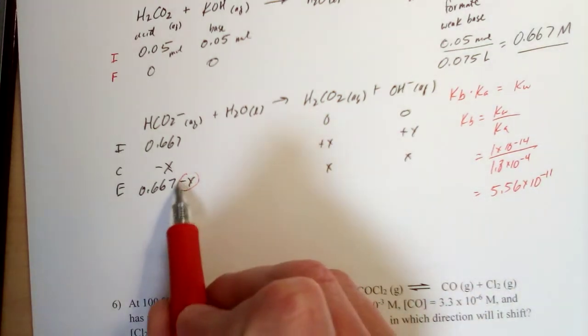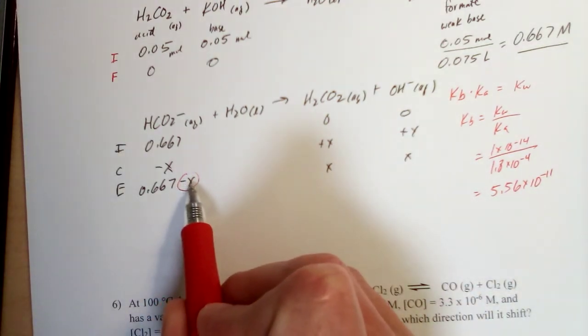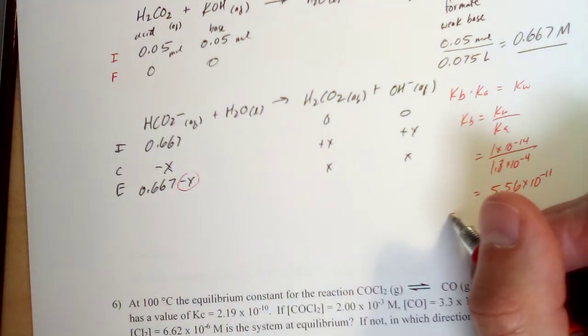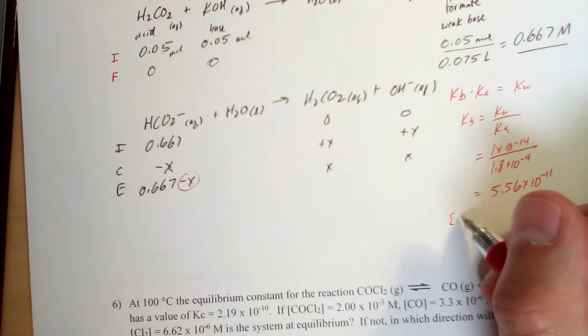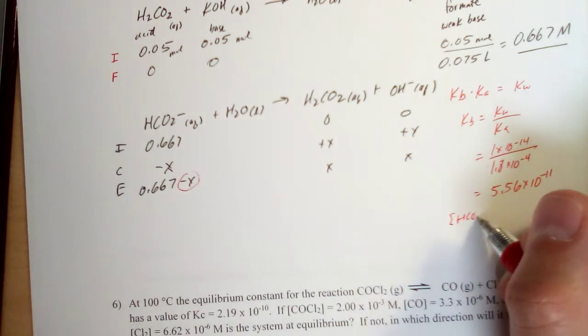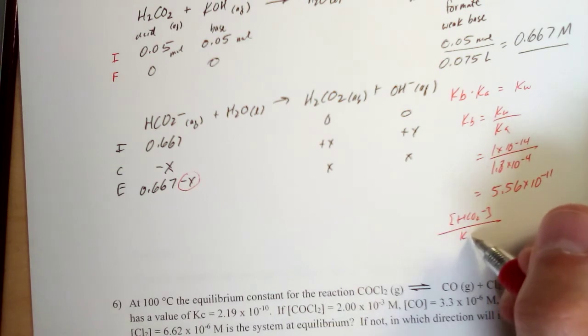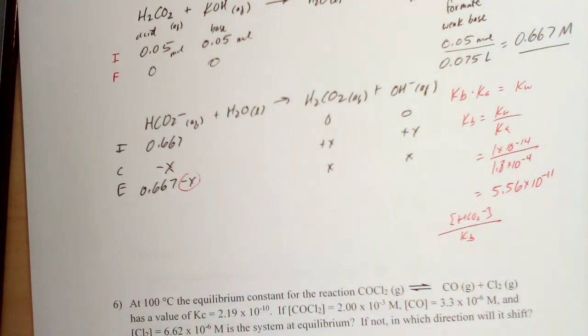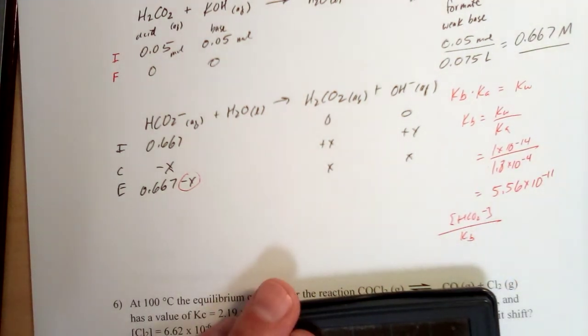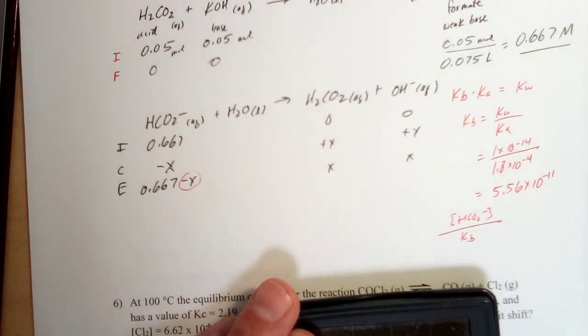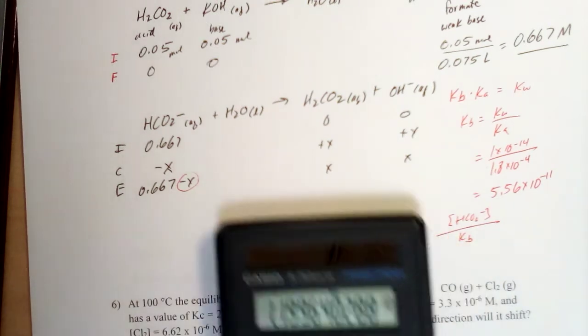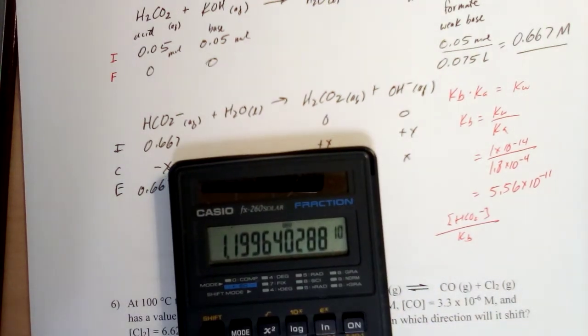Now, to determine whether we can ignore this minus x, again, it's the concentration, in this case of the weak base, divided by the equilibrium constant, in this case Kb. So 0.667 divided by 5.56 times 10 to the minus 11th. And that's what we get, 1.19, or 1.2 times 10 to the 10th power.